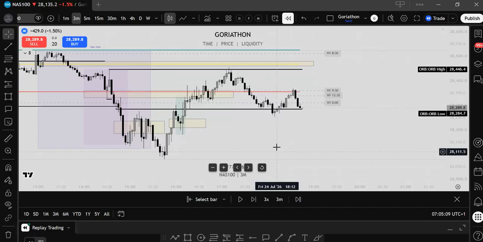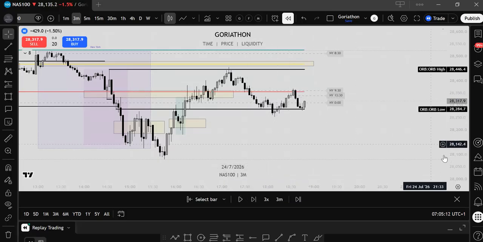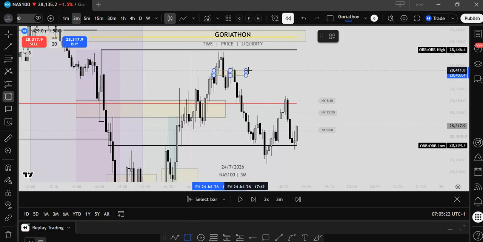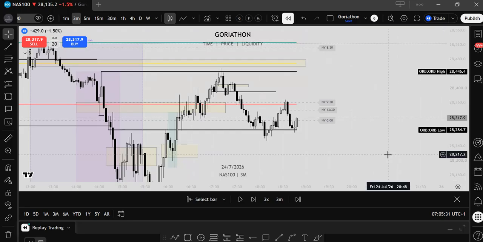And when will you usually find a setup? That's either when the price goes up, reacts, takes the opening range block, and then you have this break below, and then you can have that sell you want, right?